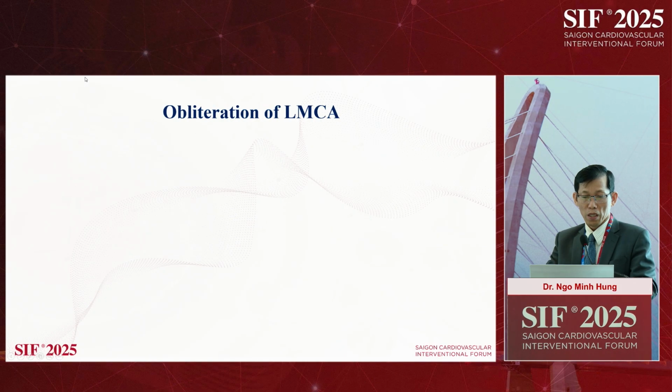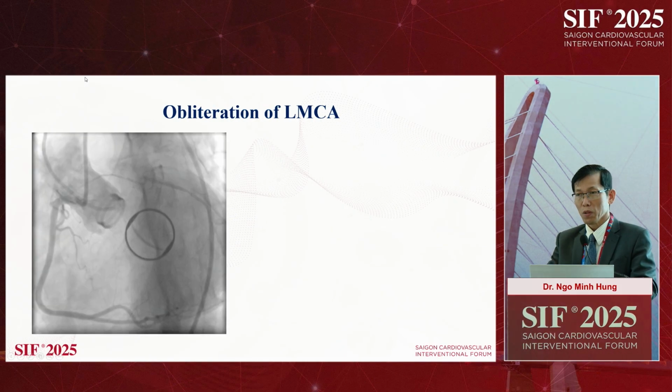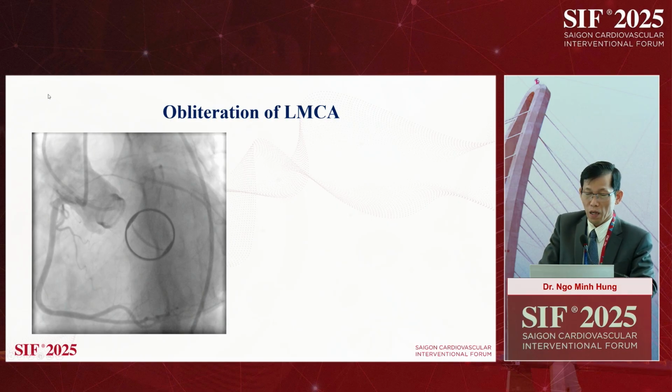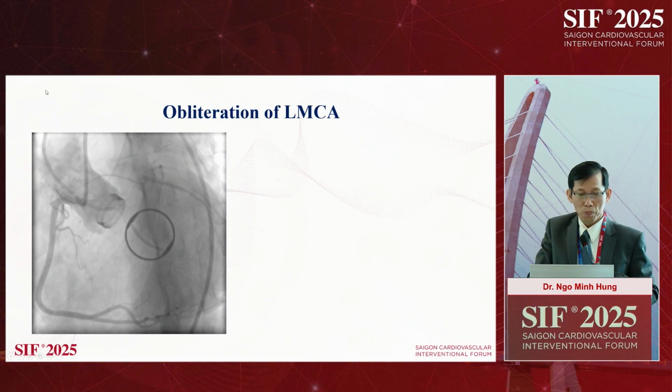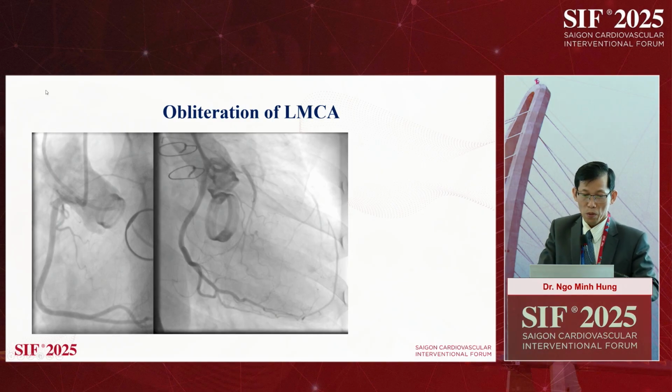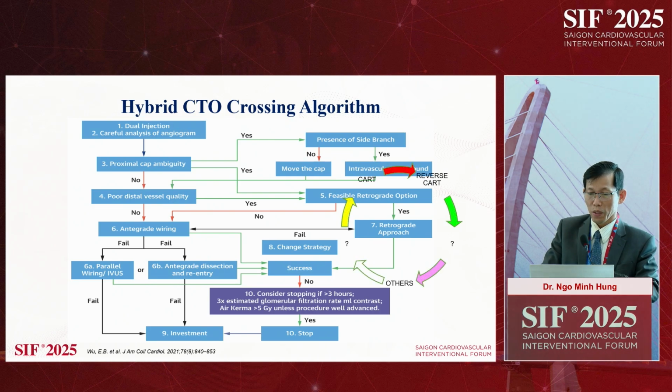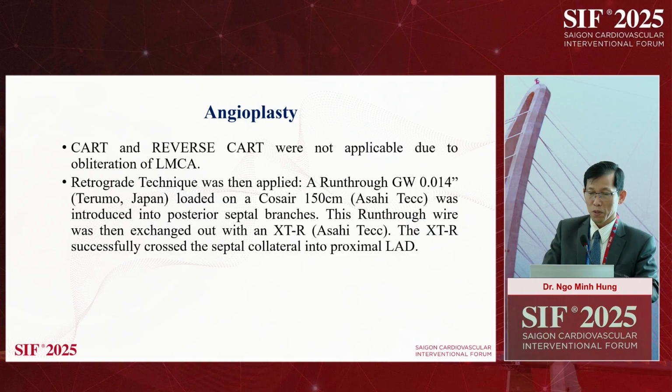And dual injection, this is a dual injection, but of course on the left side we just inject the ascending aorta, not for engagement, with no clue of the occlusion of the CTO. So yes, of course we see some collaterals, so we have to use this way to go up, and we select some septal collaterals. And once again, we look at it, and of course we have to go with a retrograde approach for 100%.